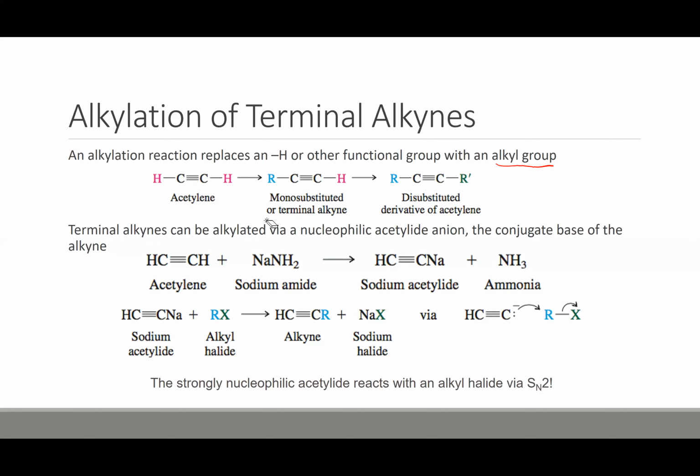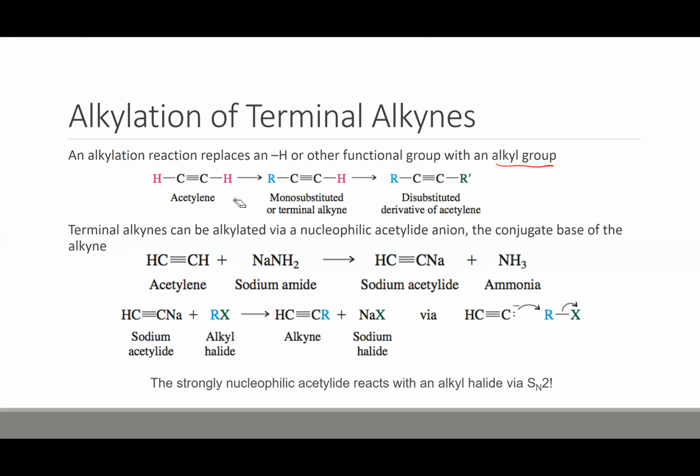Now, terminal alkynes can be alkylated by first turning them into an anion. So the key thing here is that the triple bond has to have one of these hydrogens on it. Remember that terminal alkynes have these free acidic hydrogens. This is key to do an alkylation on a triple bond.